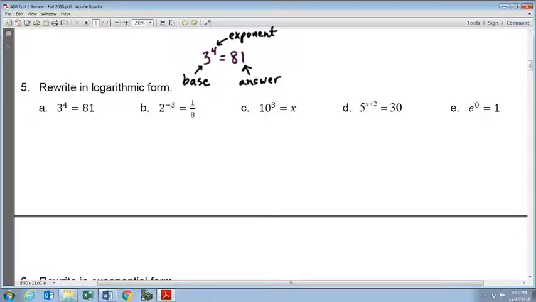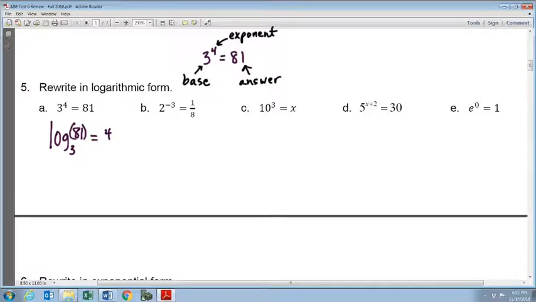So when we change to log form, we've got to make sure we're putting each number in the right place. So I usually write log, and then our base is the little subscript, that would be 3 here. And then remember, the exponent always goes by itself, so that would be on the other side. And the answer goes right there.